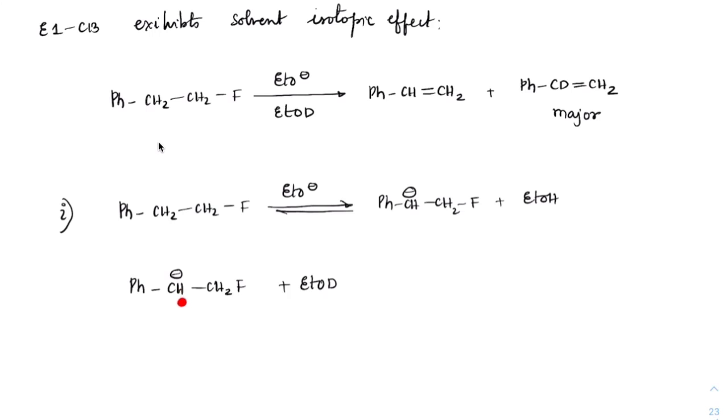Being a conjugate base, this also has the ability to extract a proton from the solvent. So as it extracts a proton from the solvent, we will get PhCHD CH2F plus EtO minus.